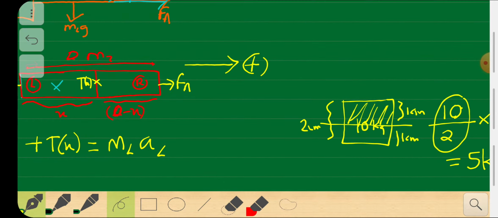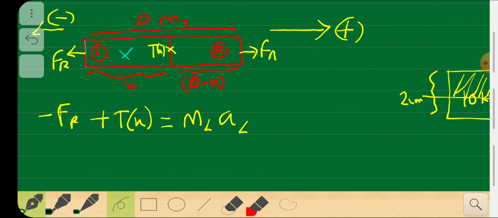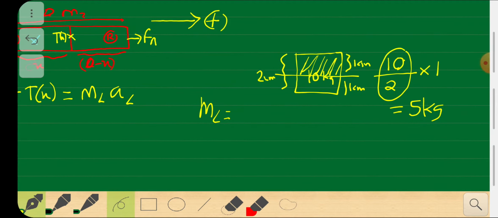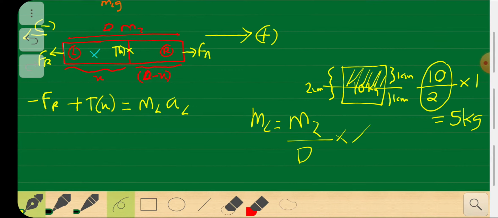So if you look at this plot here, doing the similar thing, you can find out that ml of the left part must be equal to the total mass, which is m2, divided by the total length, which is d, times the length here. The length here is x, so ml equals m2 by d times x, right?